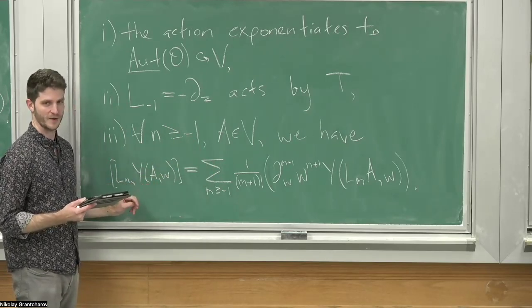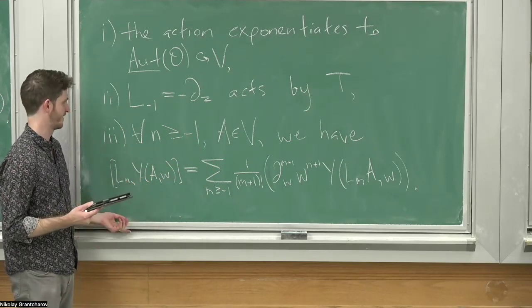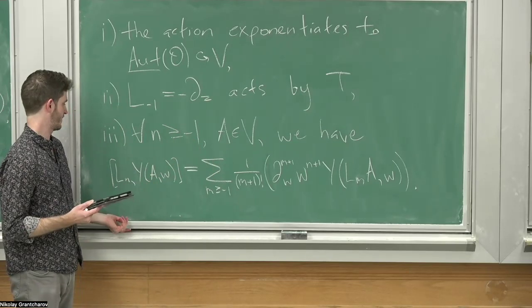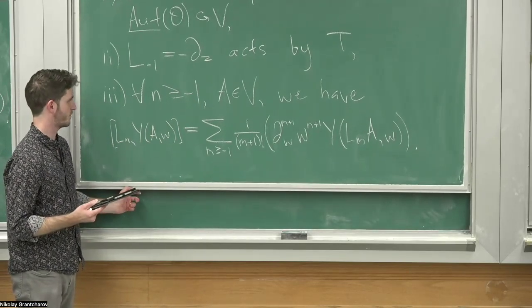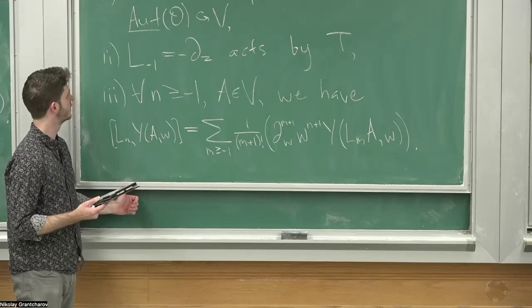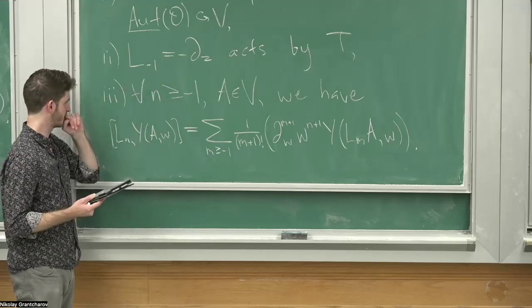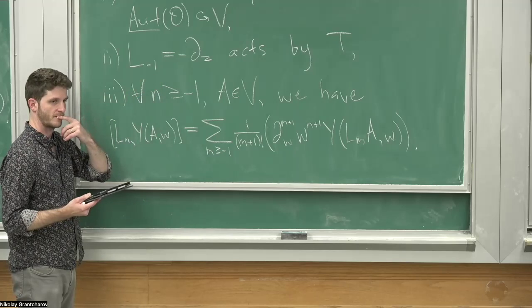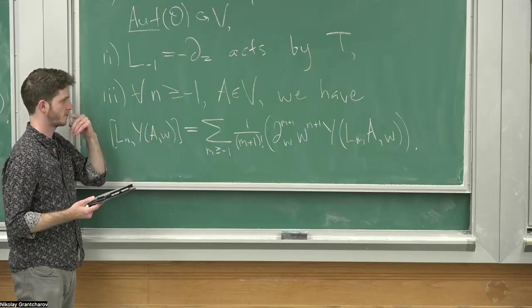What does it say for n equals -1? For n equals -1, I would kind of expect it to reduce to 2. If it's a translation operator, then it's just the derivative. That's one of the axioms.